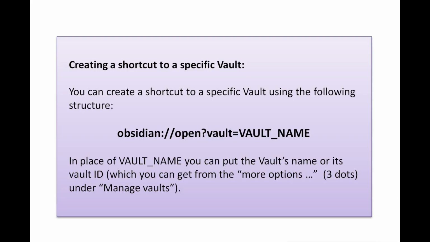Obsidian utilizes something called URIs, which stands for Uniform Resource Identifiers, to permit users to create links that can be used to open specific Obsidian vaults, either from within Obsidian or, as I'm going to demonstrate, from outside of Obsidian. One important thing to be aware of is that there are certain features that we use in naming folders or files or vaults that must be encoded when you're dealing with uniform resource identifiers.